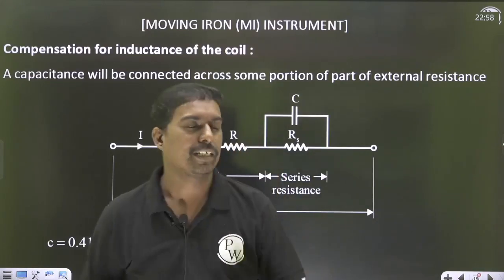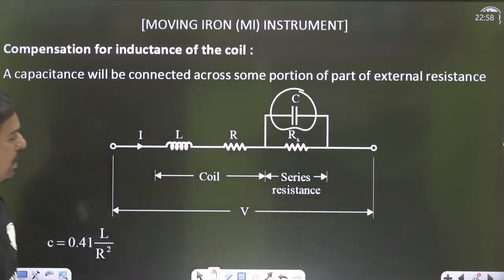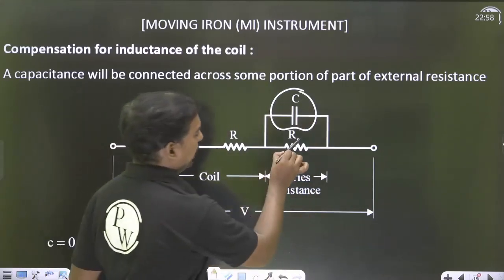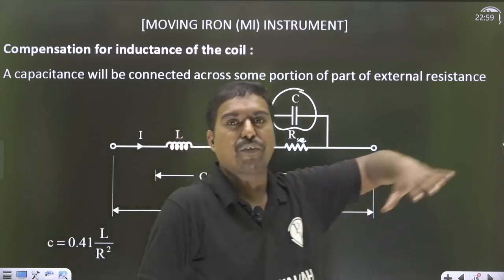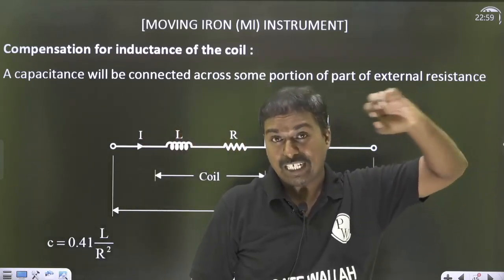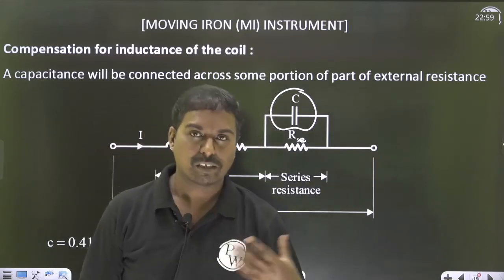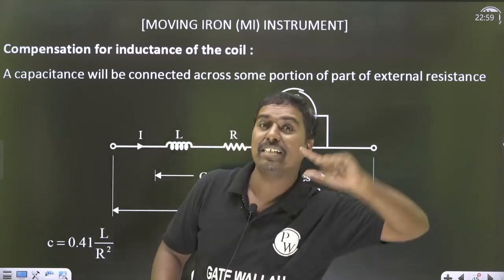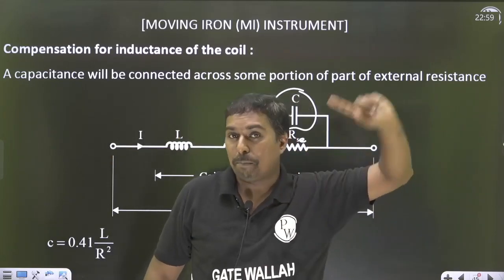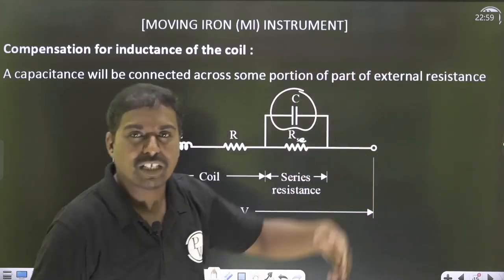To eliminate that error, we are using a capacitor here. Across the series resistance, we are keeping a capacitor. This capacitance will eliminate the frequency error. That is the beauty of moving iron. By attaching a capacitor across the external resistor, you are compensating the inductance effect, so that the frequency error is somewhat reduced.